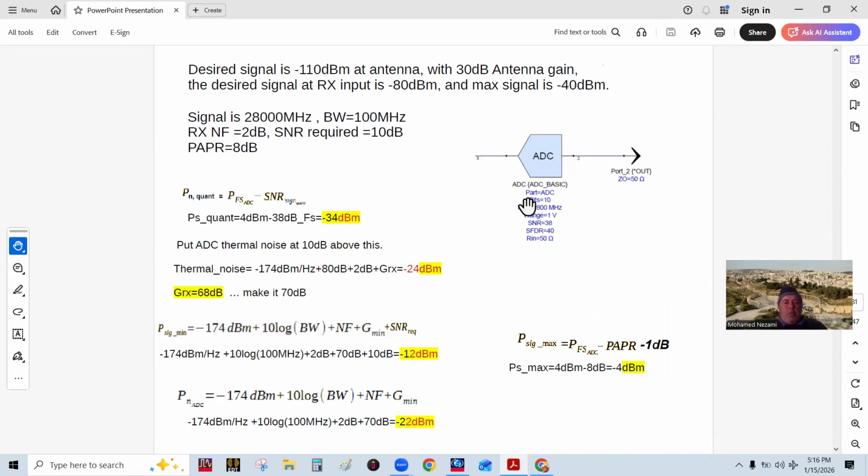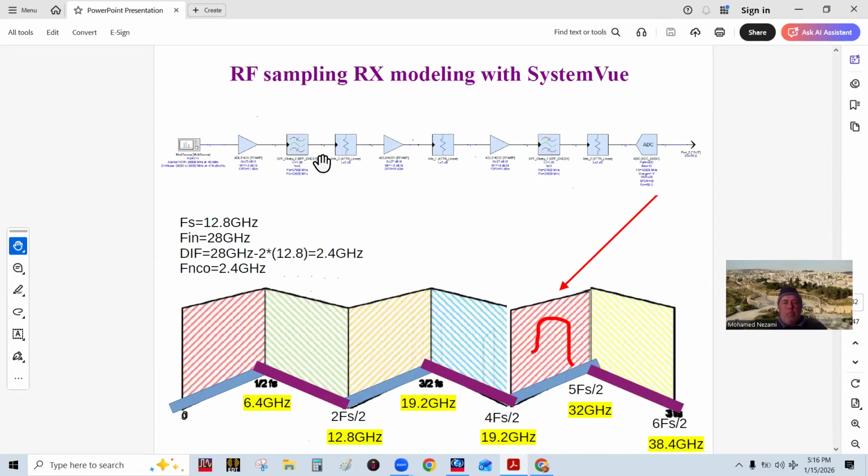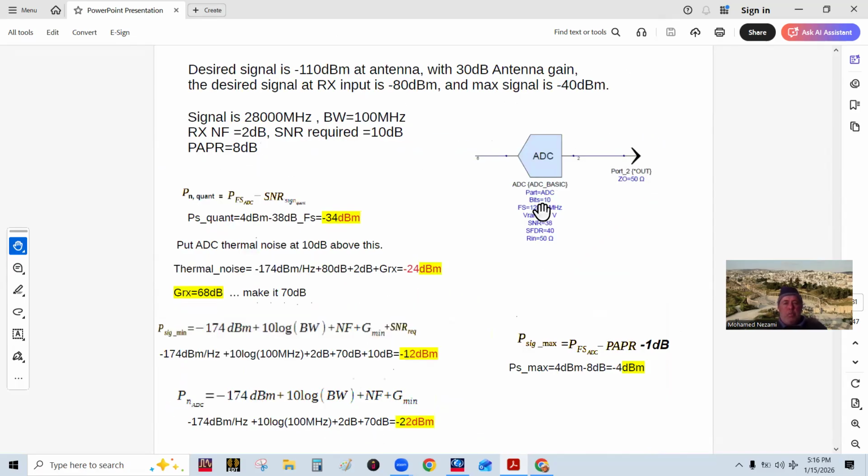So the first thing we want to do is, because the ADC in here has a low signal to noise ratio, now this receiver is going to have much more gain required than the other receiver. So let's see what we got. First thing we want to do is thermal noise, minus 174 dBm per hertz. Add the 10 log of the bandwidth, 100 megahertz.